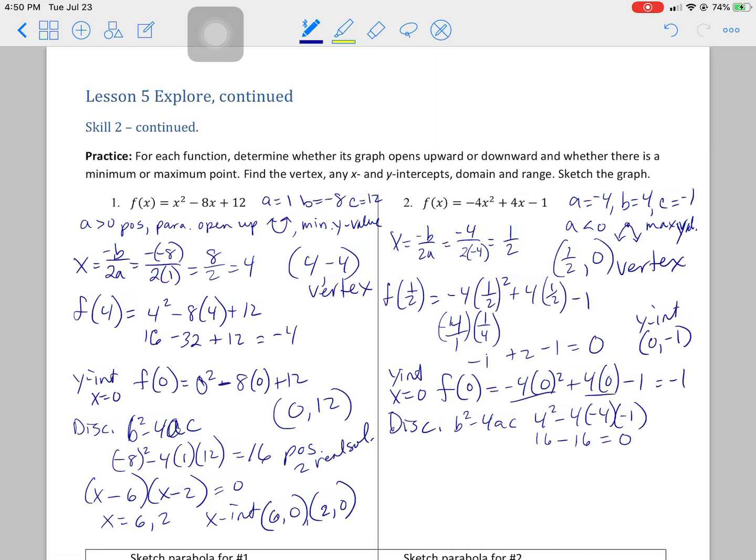It's going to bounce off the x-axis. So let's find that one. x equals -b plus or minus the square root of the discriminant, which was 0, over 2 times -4. So this is -4 over -8, which is a half. So the x-intercept, where it's going to bounce, is 1/2.